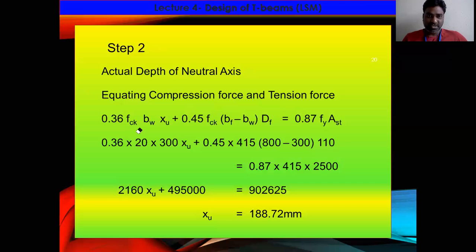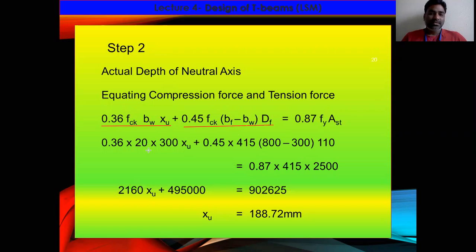So from this equation, this is the compression force taken by the web, that is 0.36 fck bw xu, plus the compressive force taken by the flange, that is 0.45 fck (bf minus bw) Df, which is equal to 0.87 fy Ast.